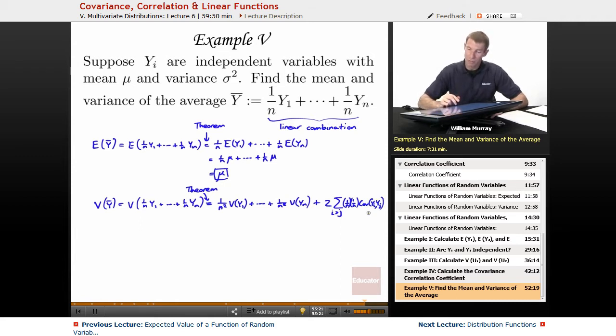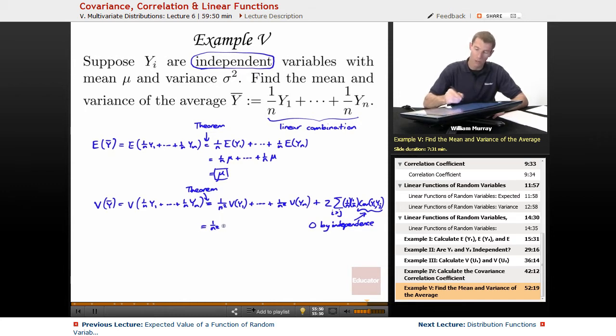So that looks pretty dangerous there, but let's remember that we were given that we have independent variables. So for any yi and yj, if you take their covariance, since they're independent, this covariance will be 0 by independence. That's really nice. That means I can just focus on the first few terms here. 1 over n squared.